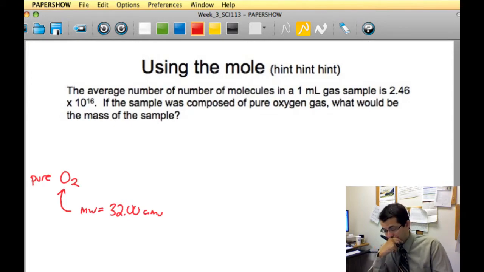Now, with these problems, we're not asking density. The volume doesn't play a real role in this, the 1 milliliter sample. What we really care about is the 2.46 times 10 to the 16th molecules.